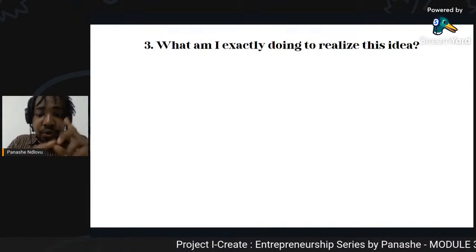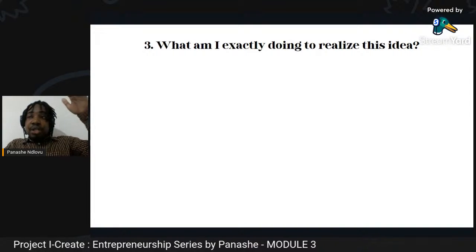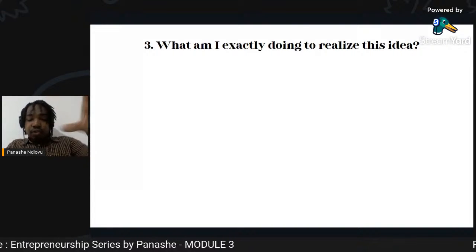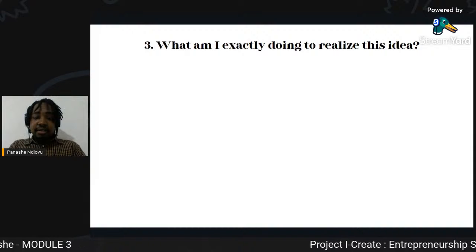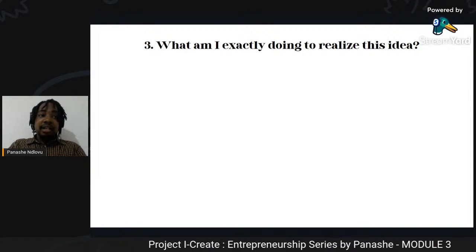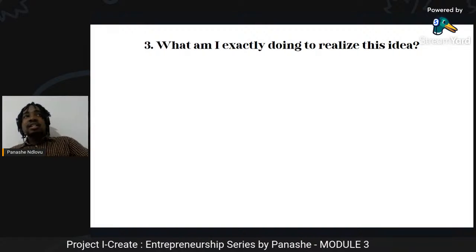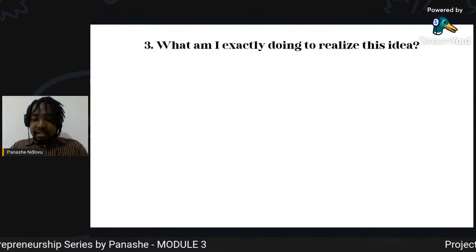And here's how it connects to leadership. In the near future, when you're going to have people now working for you, right? You give them an assignment to do something, a digital marketing assignment. Maybe they don't get it right, or maybe they take too long, or something just happens.